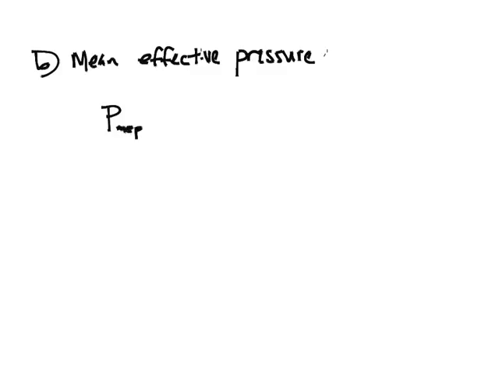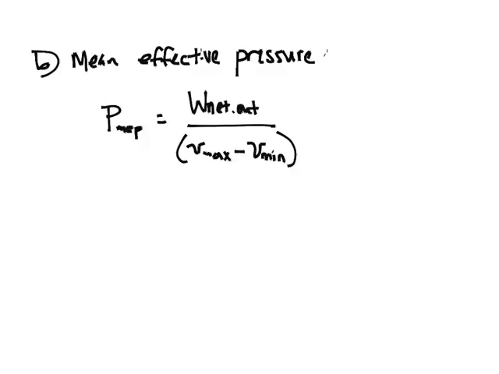So the MEP we define as the net work out over Vmax minus Vmin. If you look at that expression, rearranged, W net out is P times delta V. You see right away that that's what it says.